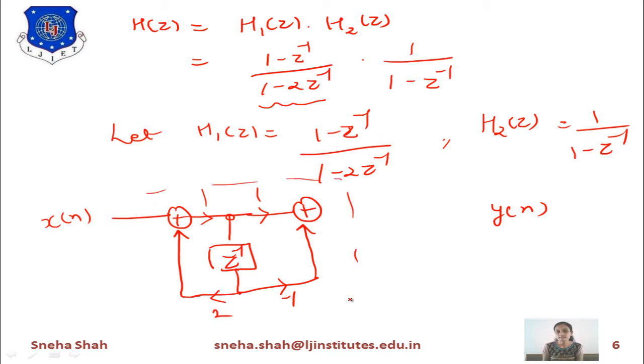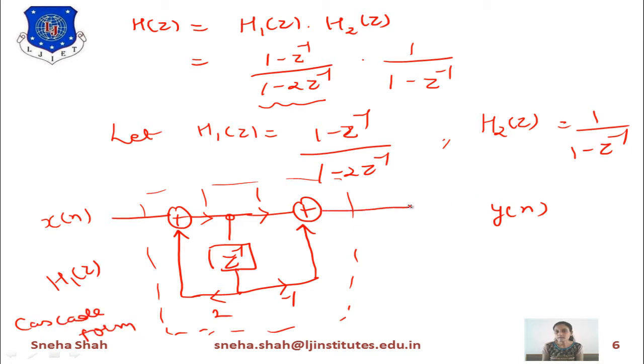This term represents your h1 of z for the cascade form structure. The output of this is given to h2 of z. We draw plus and z inverse, and as there is no numerator, that part is not there. It gives the output y of n.